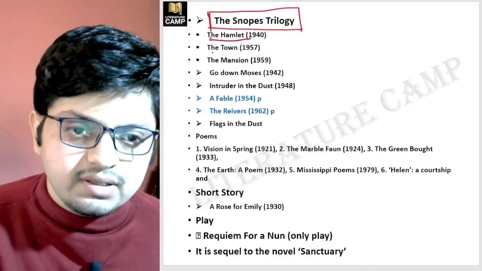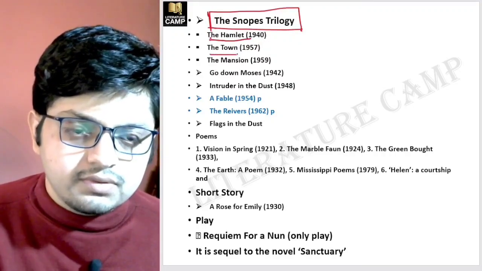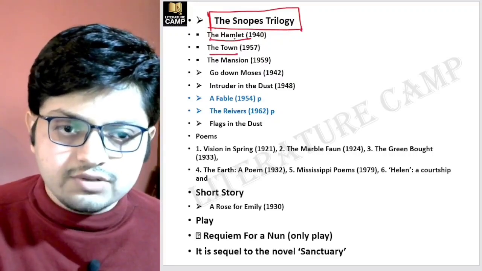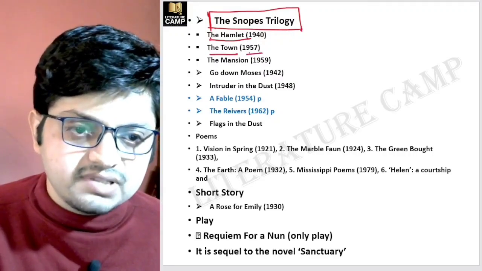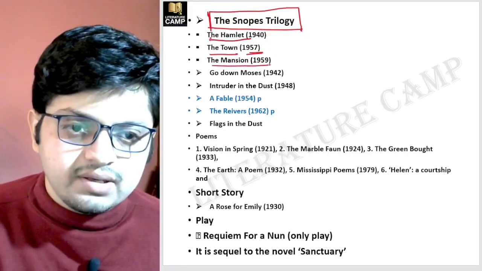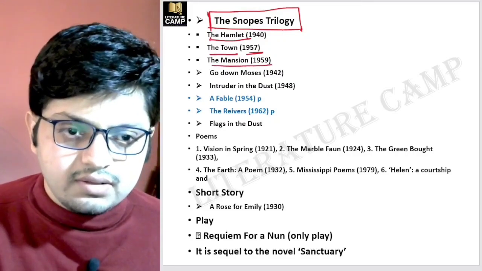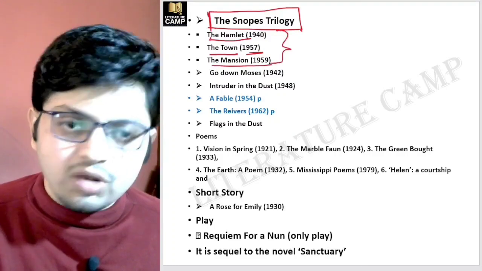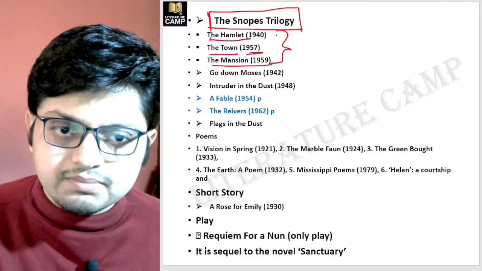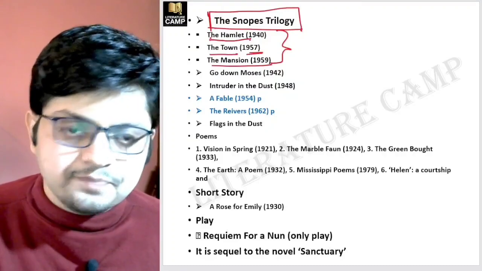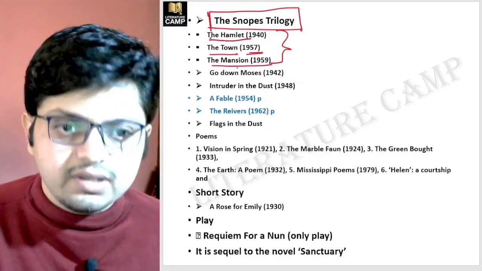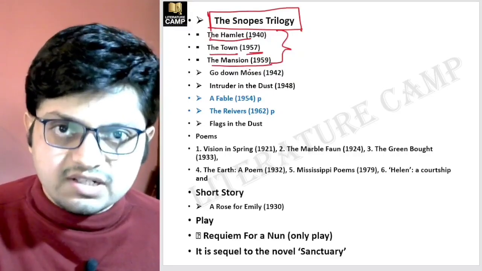Next, The Town, the second novel in the trilogy, published in 1957. And next, The Mansion, 1959. Remember the published years: The Hamlet, 1940, The Town, 1957, then The Mansion, 1959.